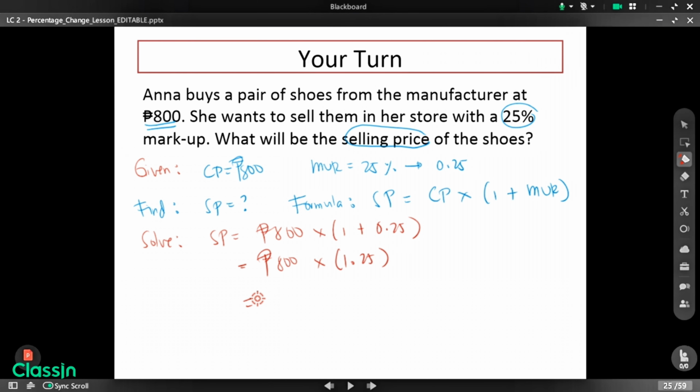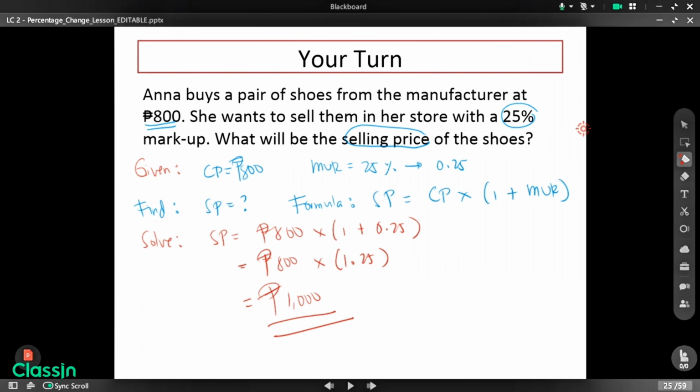So the answer is 1,000 pesos. So it means that Anna will sell the shoes for 1,000 pesos in order for her to gain a 25% profit.